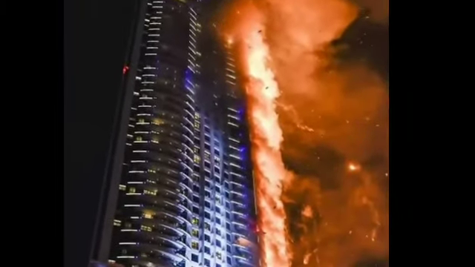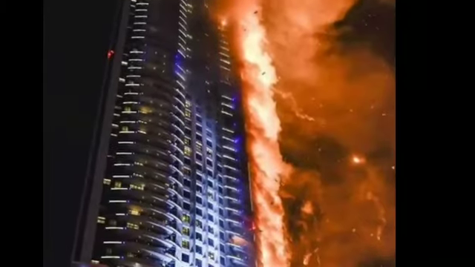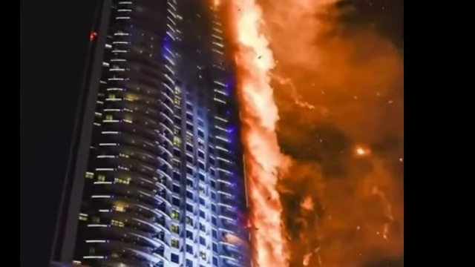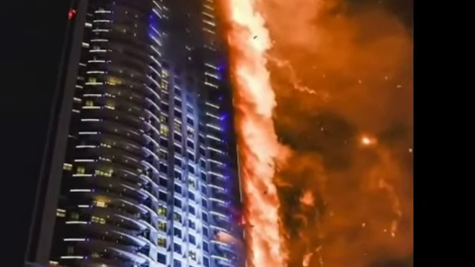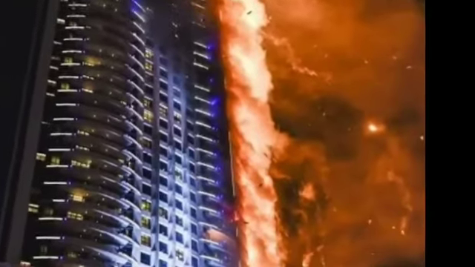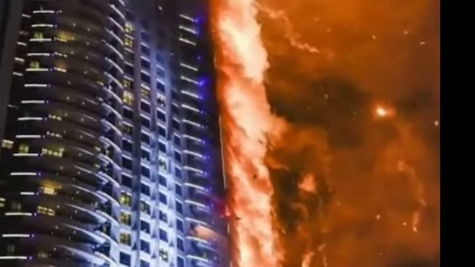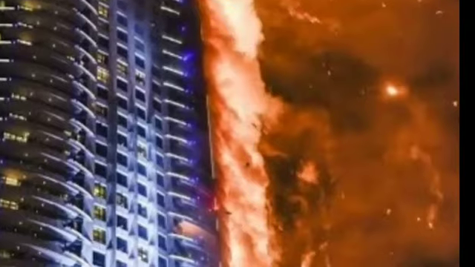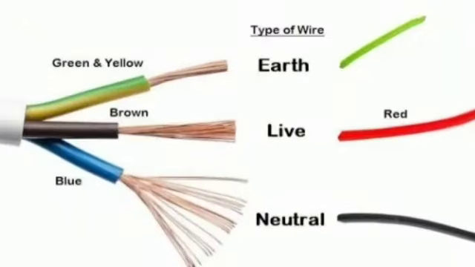Several times we hear or read about a building catching fire due to a short circuit. Sometimes if we switch on an equipment in our house, the electrical fuse wire melts and the electrical supply shuts down. There are 3 types of wire: live, neutral and earth wires, and the live and neutral have a potential difference of 220 volt.